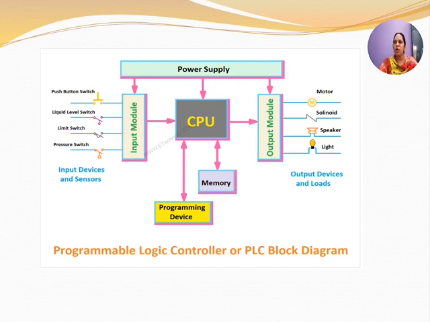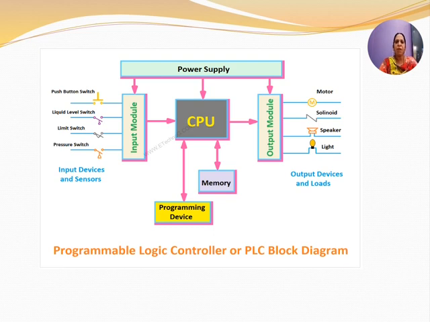This is just a simple example. A PLC has the ability to control much larger and more complex processes. PLCs can be customized depending upon the application and the needs of the user.